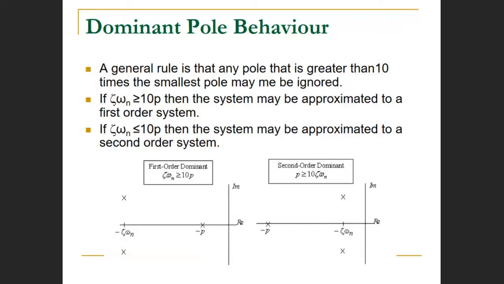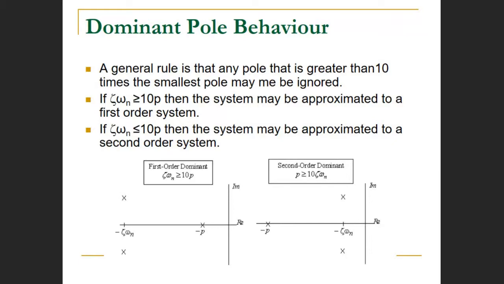Having considered this third order system, what we're saying is this. A general rule is that any pole that is greater than 10 times the smallest pole, we would basically ignore that pole. So any pole that is 10 times the smallest pole may be ignored. And we're talking about the real part of the pole.